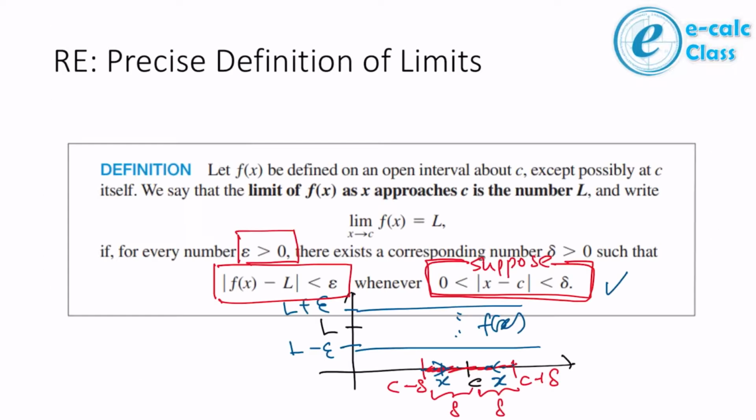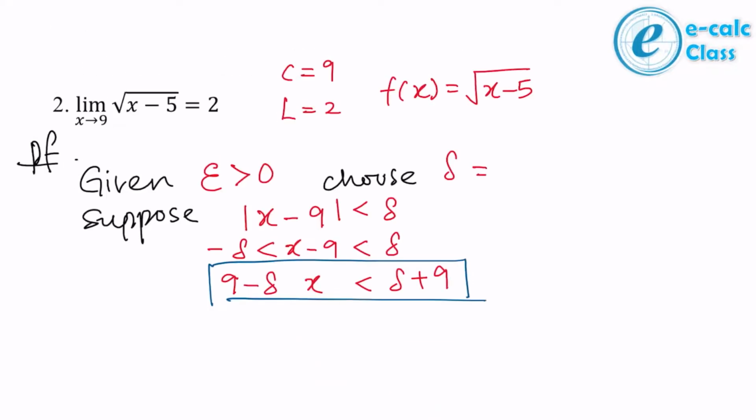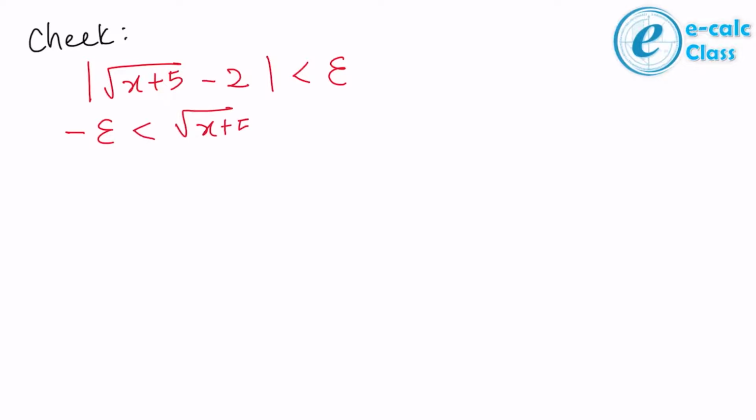Then check. Check what? Remember? Check this one: the absolute value of f(x) minus L is smaller than epsilon. Then who is your f(x)? Square root of x plus 5 minus L. I'm a little bit worried about this because we have a square root, and I don't know how it works, so let's see.